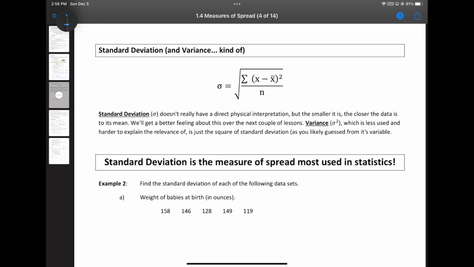Or if it was negative 2, which means it was 2 below the mean, once we've squared them, they're 4. So we don't even need to think about whether they're above or below. We just need to say how far apart are they from the mean, square it, add those numbers together, divide by n, which is the number of data points, and then square root.